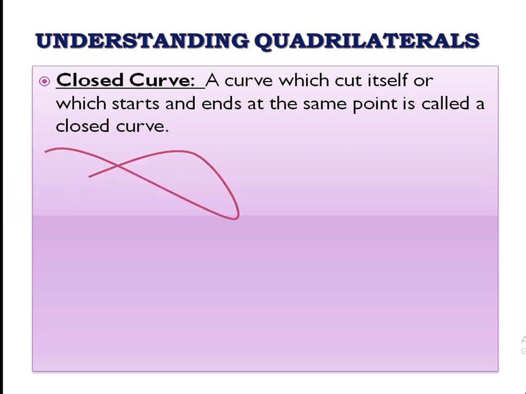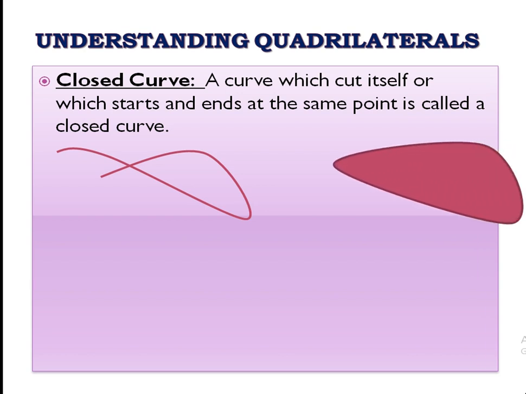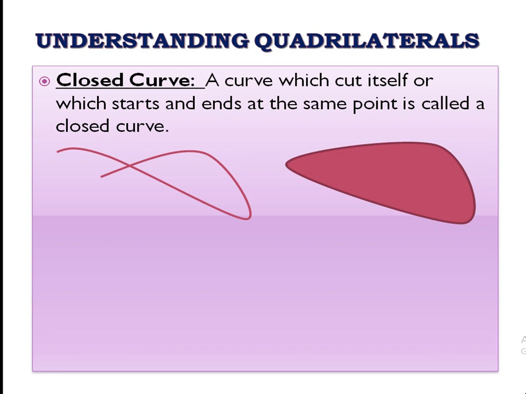Here it is. In this figure you see the curve cuts itself. Okay students. Now next, in this figure you see, in this curve the starting point and end point are the same point. Okay students.